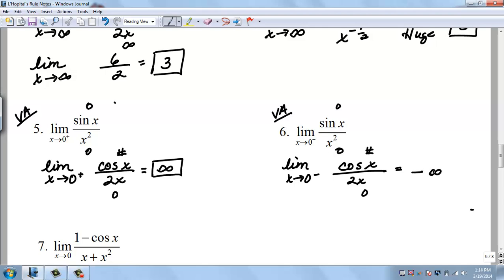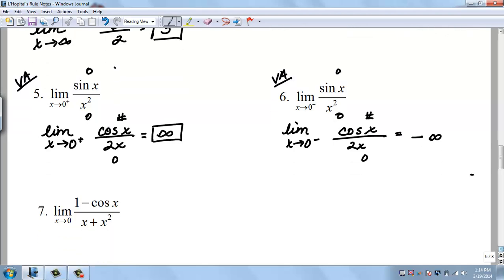So basically this graph has a vertical asymptote where, when I approach 0 from the right, it's going to go to infinity. If I approach 0 from the left, it's going to go to negative infinity. So the graph might look like that. I'm not for sure, but that's what that looks like. Okay, we'd have to graph it and look at it.